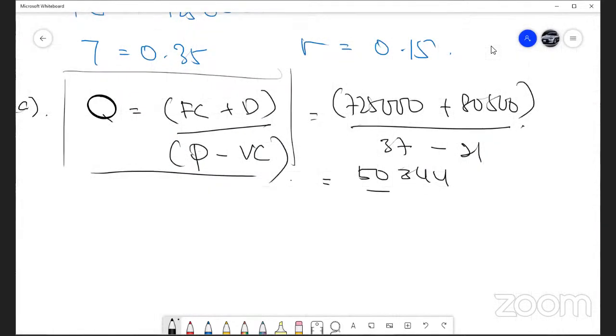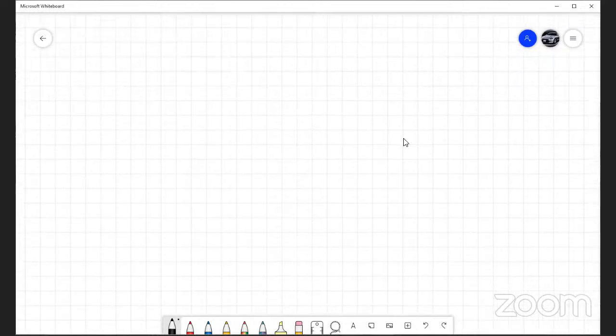And this amount is the units to break even. So to break even, you need to sell 50,344 units. Okay, this is part A. All right, part A. Moving on.